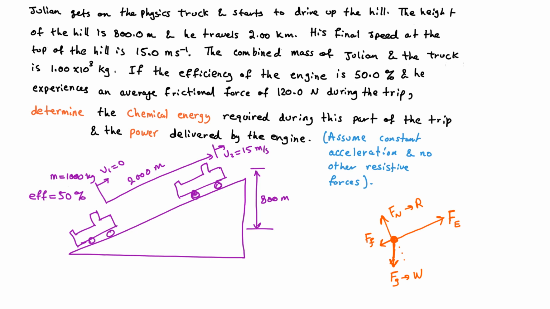Based on our forces, we know that the gravitational force is a conservative force. We know that these two forces here are non-conservative forces, and they're external forces. The engine force is coming into our system, and that's allowing the car to gain gravitational potential energy.